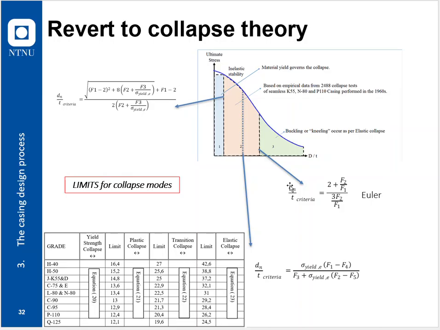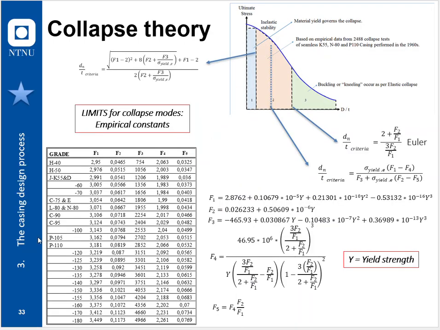So it's basically a straightforward, simple calculation to find which area we are in. We are not calculating the collapse strength as such, just finding the collapse mode in this way. Here are the different empirical formulas. It is listed here how to do it, F1 through F5.